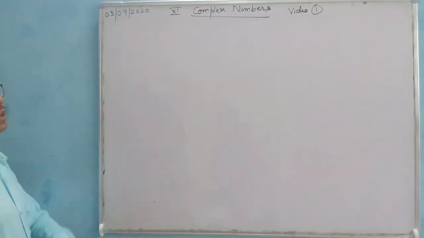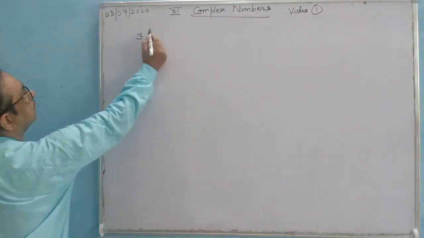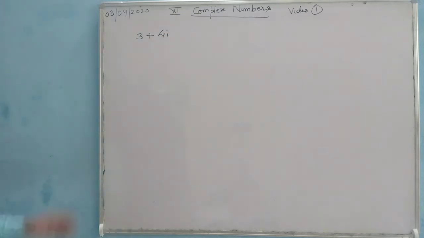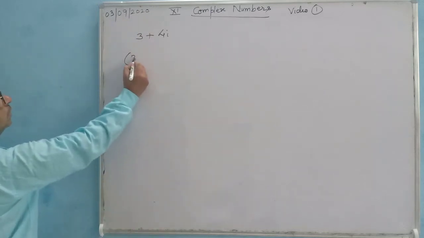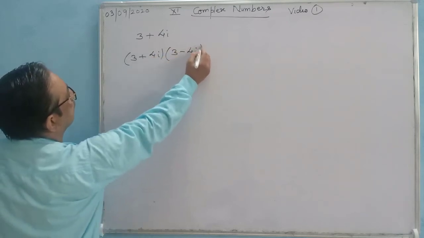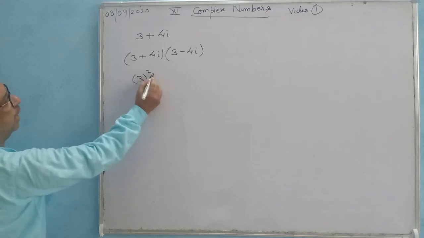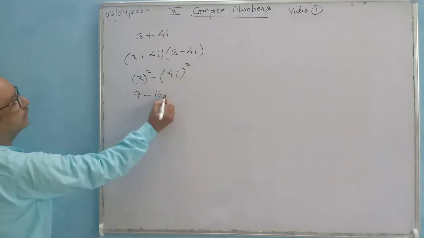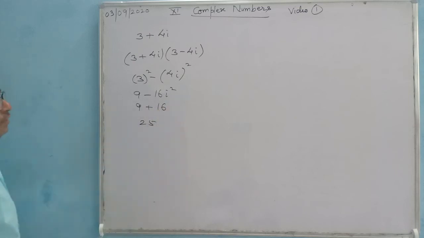Now we discuss one very important point. If the complex number is 3 plus 4i, and we multiply this number by its conjugate, that means 3 plus 4i multiplied by 3 minus 4i, this is written as 3 square minus (4i) whole square, 9 minus 16 i square, 9 plus 16, which is 25.